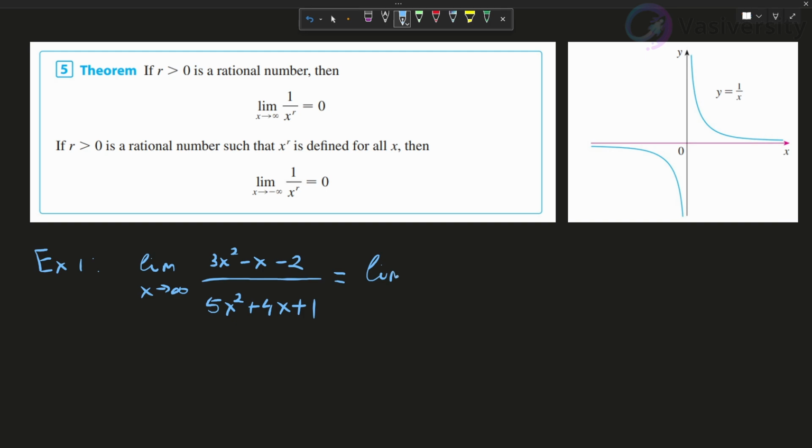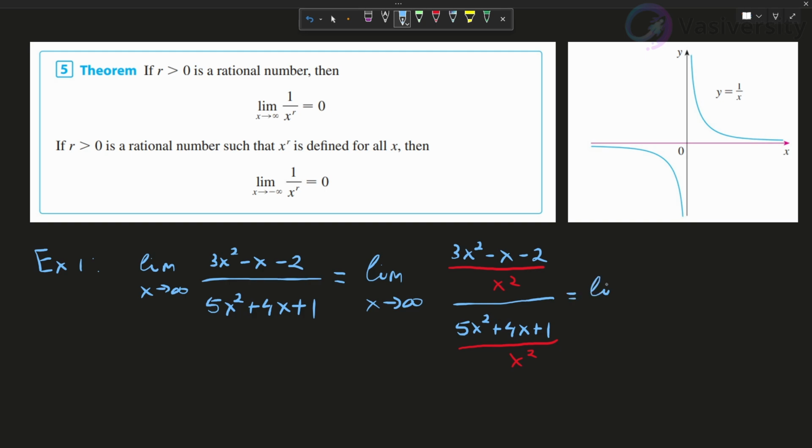So we're going to have the limit as x approaches infinity of (3x squared minus x minus 2) divided by x squared, and then divided by (5x squared plus 4x plus 1) divided by x squared.